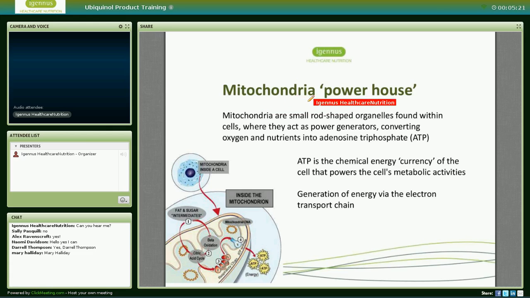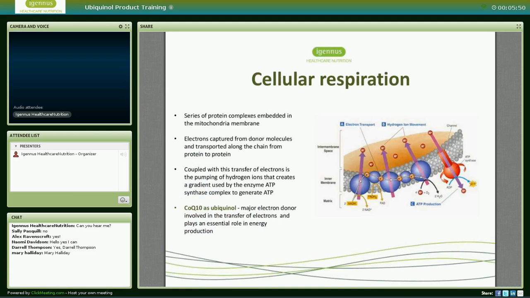The mitochondria, as you're probably all aware, are small rod-shaped organelles found within our cells, in abundance within some organs, and they act as power generators, converting oxygen and nutrients from the food we eat into adenosine triphosphate, which is the chemical energy currency used by all the cell's metabolic activities. And it's the generation of energy via the electron transport chain that drives this energy production.